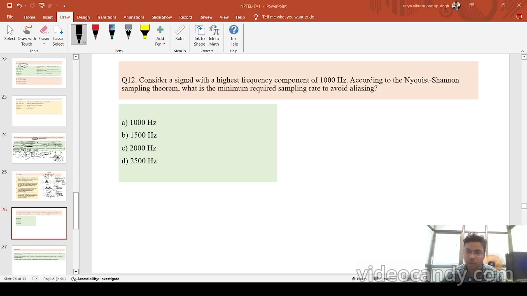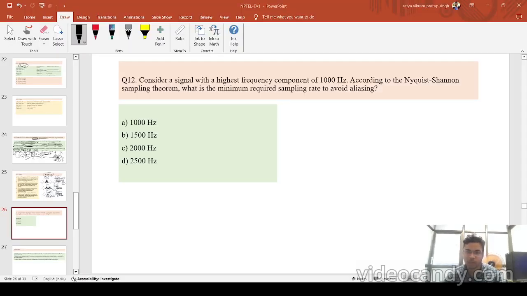Write in the chat box the C option. Somebody is saying C option. That is the easy problem, I guess. Sandeep is saying B. And the two options are C.